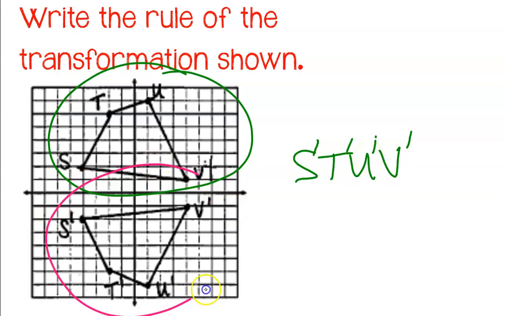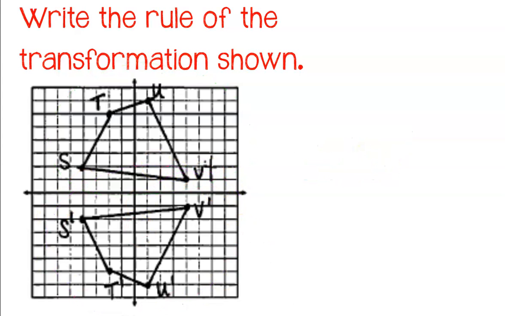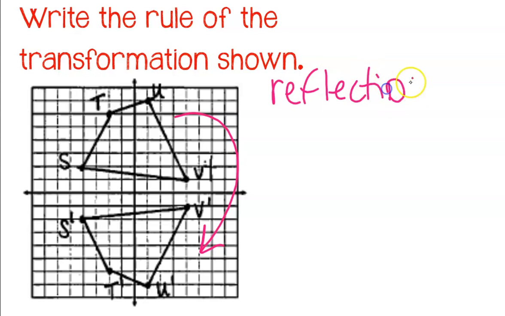It becomes this shape over here. The question is, how did it get there? Did it flip over the x-axis, or did it flip over the y-axis? So that's the first thing you need to identify. It looks to me like it's flipping from up to down. So that is a reflection, and you can use the word in, around, over, about, reflection over the x-axis.